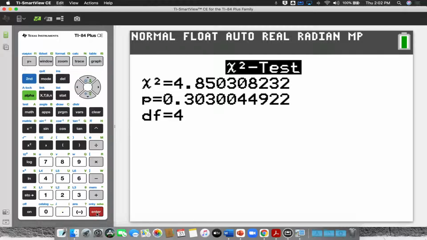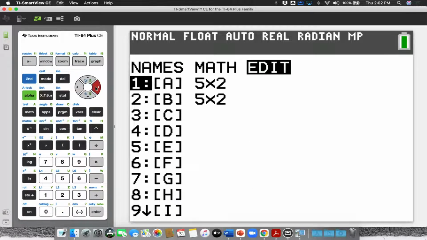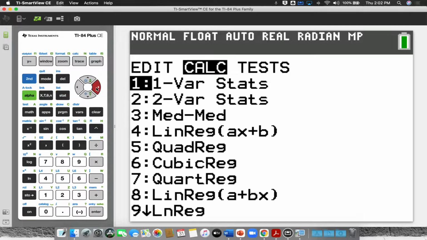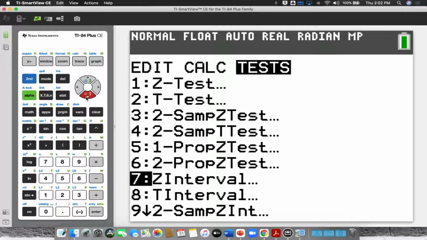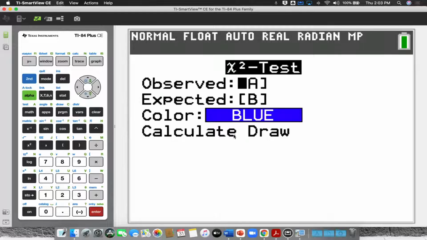How do you change the list for observed? How do you what? So like when you're at the chi test, right? How do you change it to the right matrix? No, I mean like you're in stat test, right? And then you go to the thing. It should always be A, B. Mine is on C and D. Just hit clear and then go second matrix and it should put it in.